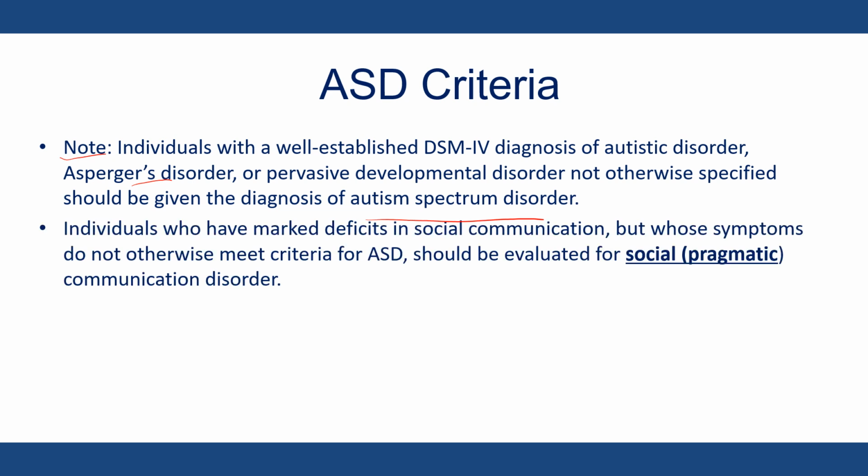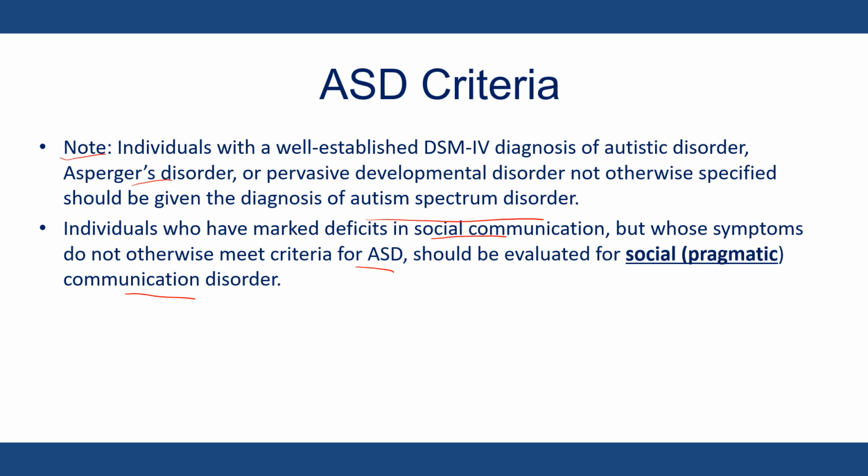All right, and when you have a child who has a marked deficit in social communication, but whose symptoms do not otherwise meet the criteria for ASD, that child should be evaluated for social pragmatic communication disorder. And that's what I was telling you earlier, that differentials are so important.